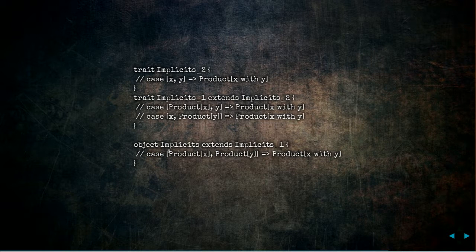This isn't implicit yet. I've just used the pseudocode from the previous slide. This one at the bottom has higher priority than these two, which have higher priority than this one. They're in the same order because I've put the traits this way around. So this is what we want: where we have a product on the left and a product on the right, we want to combine them into a product of the parameters of those.